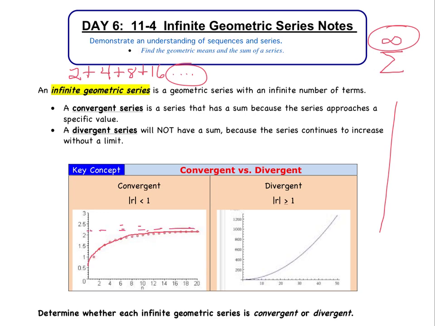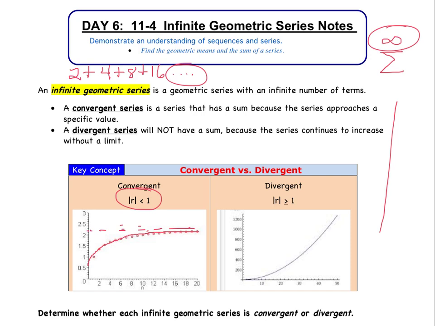You're continually adding such a minuscule amount that it is not making it increase very much. So this is going to occur when the R value is less than 1. So you're talking about like 1/2, 1/3, 2/3. I'm not saying all fractions, because remember 4/3 would be greater than 1.